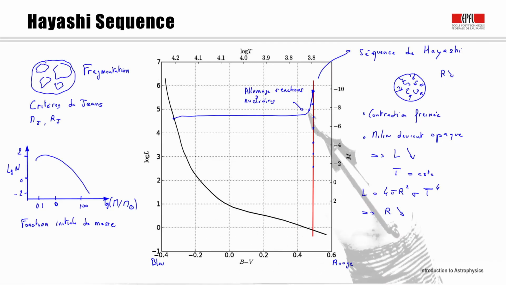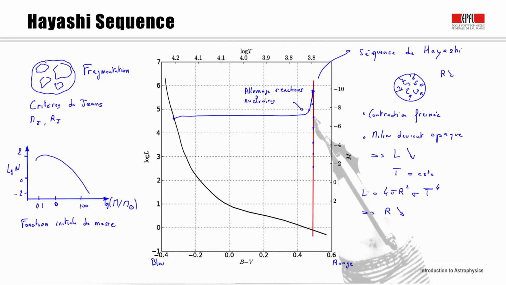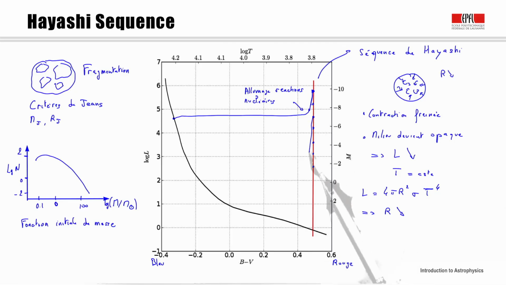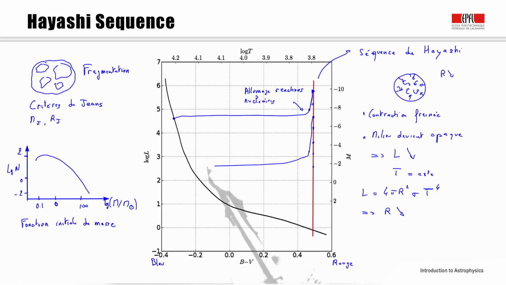The ignition of nuclear reactions is as fast as the star is massive. A star of small mass will drop slowly along the Hayashi track before moving to the main sequence. Stars of even very small mass tend to migrate, to start very slowly their nuclear reactions.